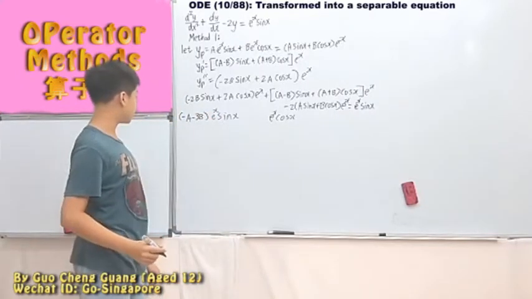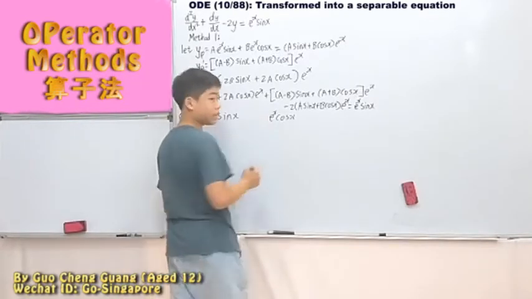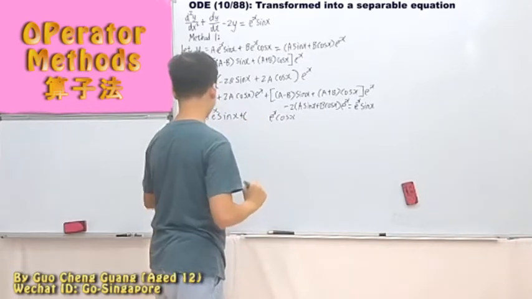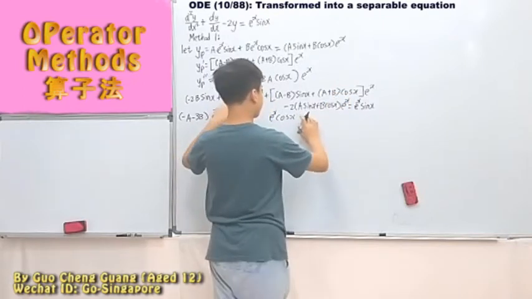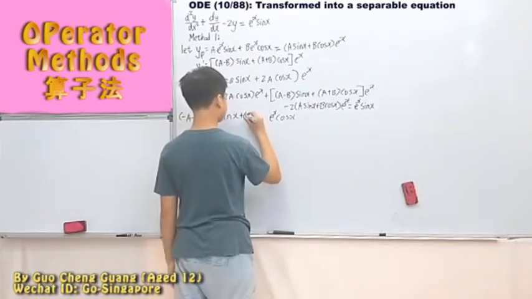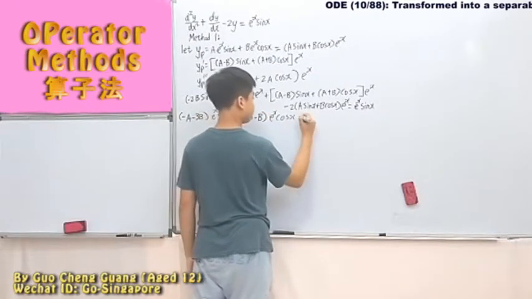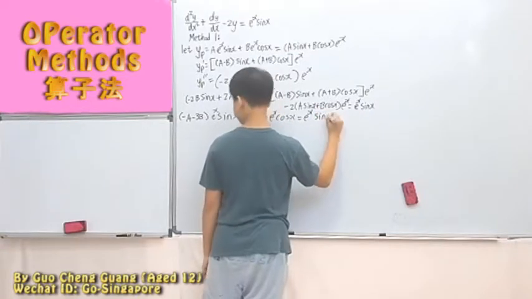So it is this part. Okay, that is for cosine. Now we can add this part. So for cosine, 2a, a plus b, and negative 2b. So you get 3a, then minus b. Then this part is equal to e to the power of x sine x.